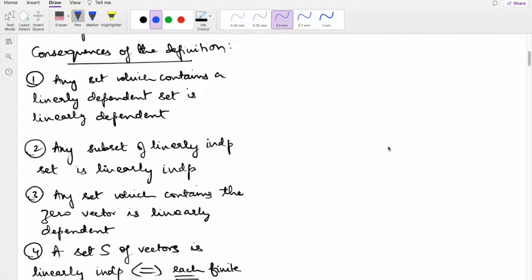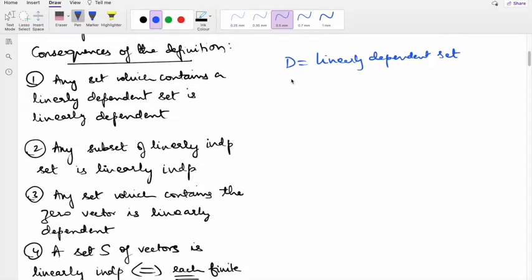In the way we have defined it, let's see this. Any set which contains a linearly dependent set is linearly dependent. Let me use a set D. Set D is a linearly dependent set of some vectors.